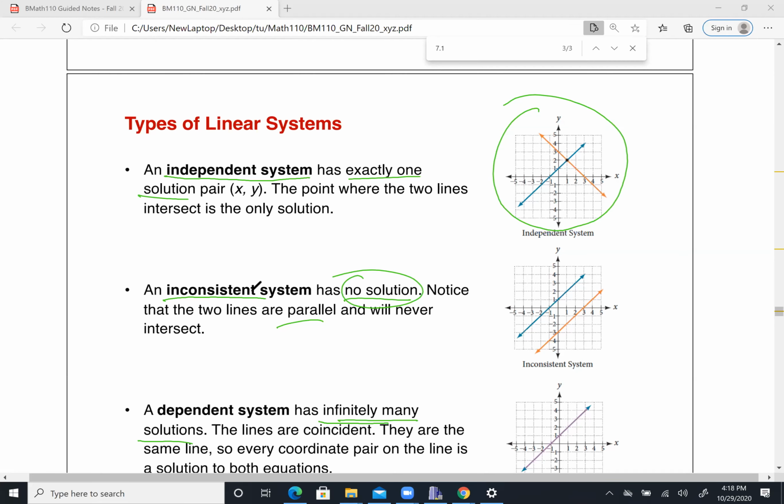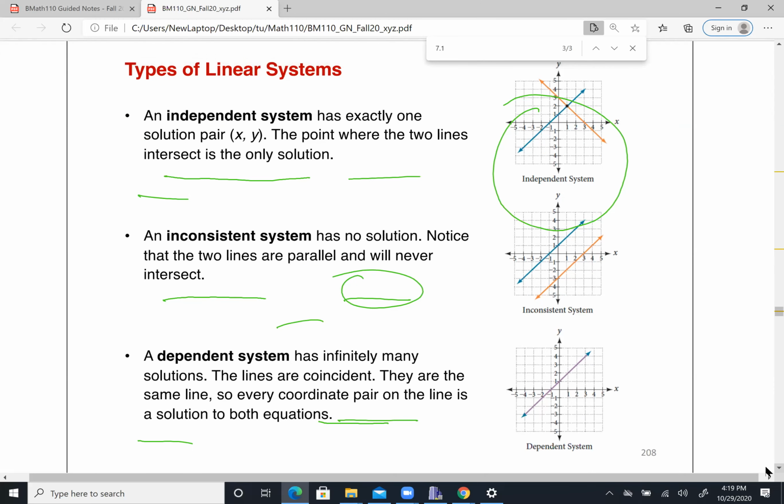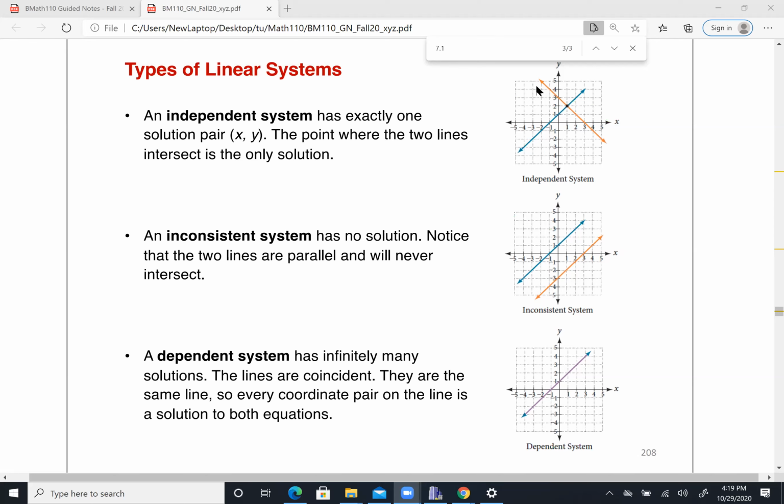And lastly, the third case is the case where the 2 lines overlap each other, like they lie on each other.